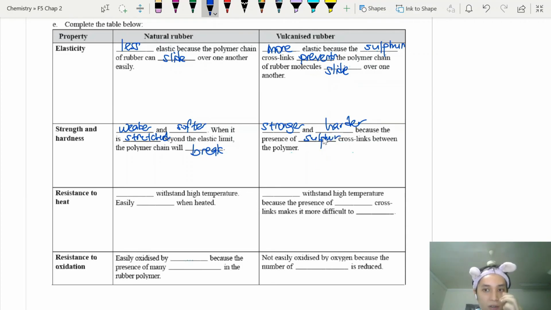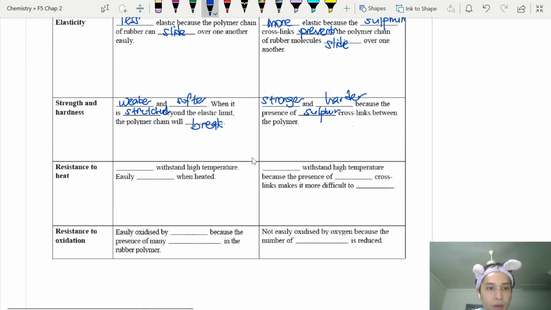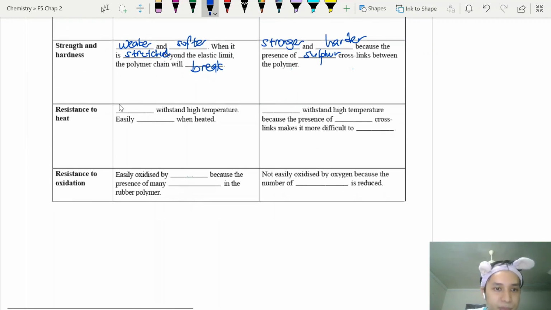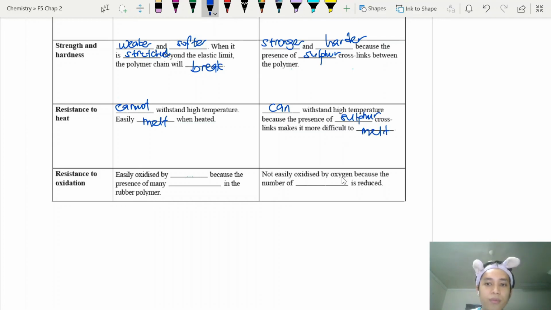We always use the term sulfur cross-links. In terms of resistance to heat, natural rubber cannot withstand high temperature, it melts very fast. Vulcanized rubber can withstand higher temperature because of the sulfur cross-links, so it is more difficult to melt compared to natural rubber. It will still melt, but at least it's better than natural rubber.